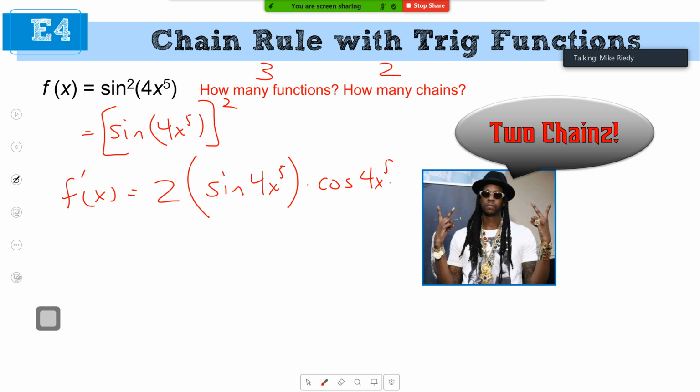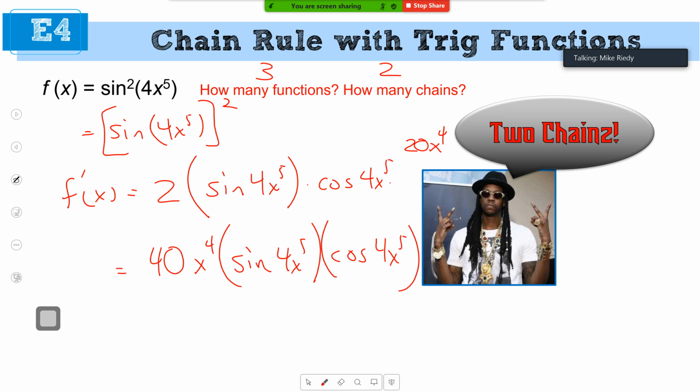Second chain is the derivative of this, so I would have a 20x to the 4th. Done. Cleaning that up a little bit, I would get 40x to the 4th times the sine of 4x to the 5th times the cosine of 4x to the 5th.